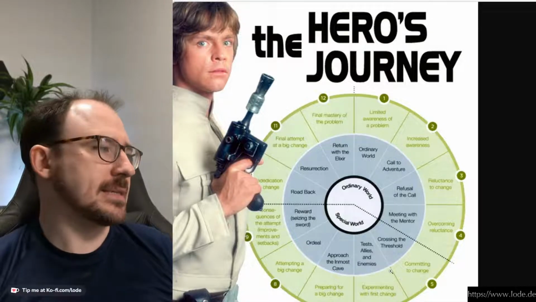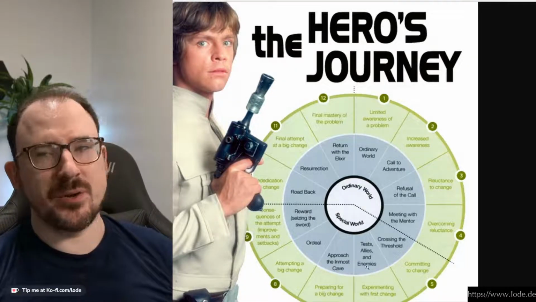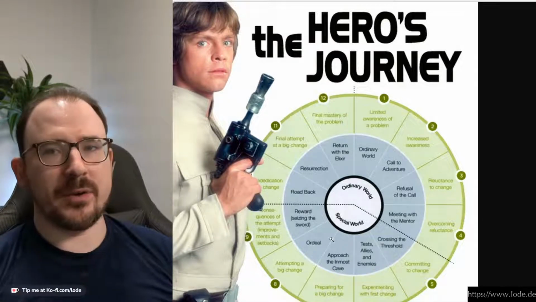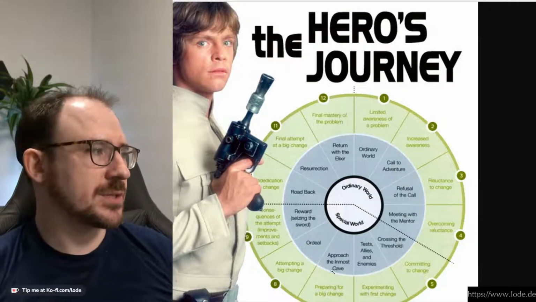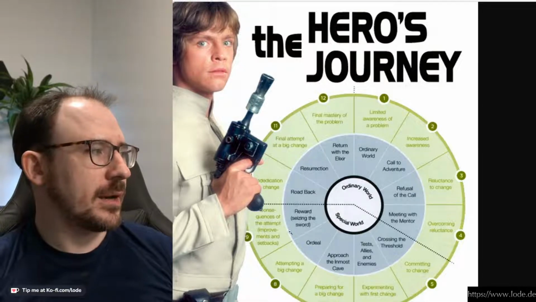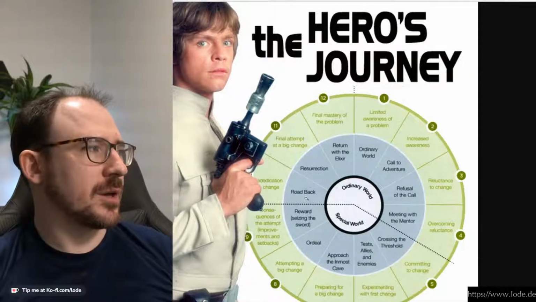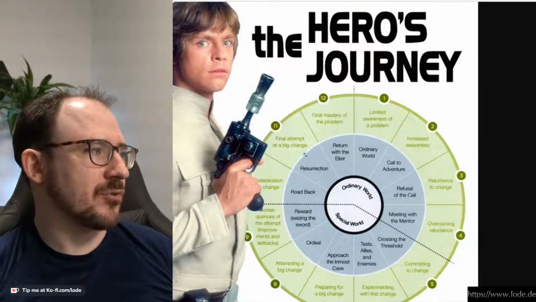killed, and here he's crossing the threshold and goes on an adventure. And then there are tests with meeting new allies, meeting new enemies. Approach the inmost cave, where he's learning the Force. Then he fights Darth Vader, or the Empire, and then it gives a road back. And then there's a resurrection.